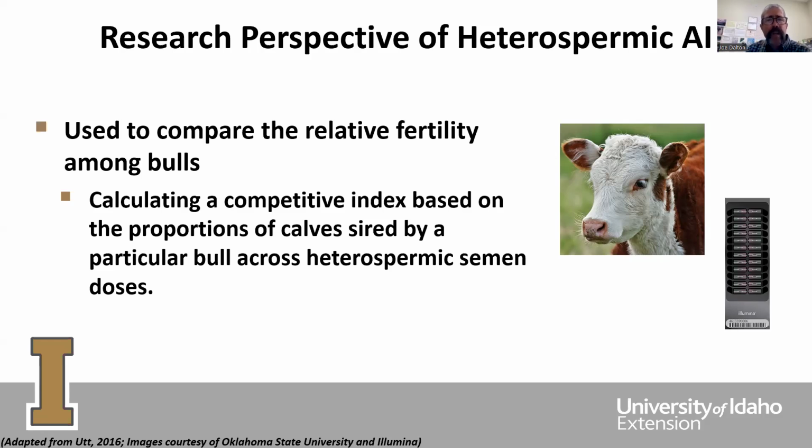And that allows us to compare this idea of relative fertility among bulls. And we're able then to calculate that competitive index based on one sire ending up disproportionately as the sire of the majority of the calves.